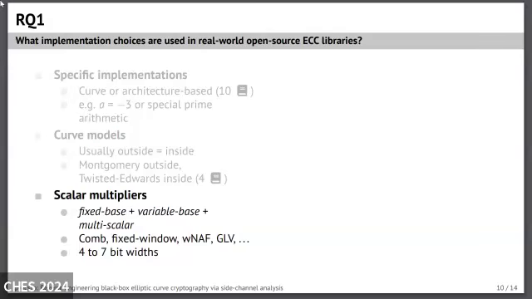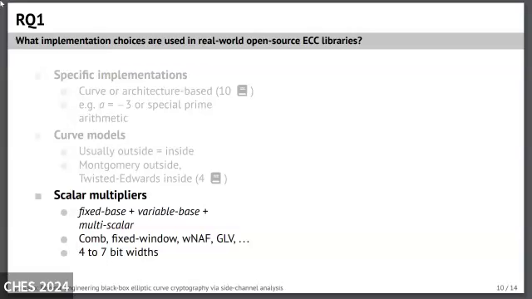For scalar multipliers, most libraries had these 3 variants of a scalar multiplier for each curve or implementation. And this was really a jungle. The scalar multipliers varied from comb, fixed windows, non-adjacent form, GLV. It was even hard to name them, because a multiplier can be a combination of several found in the literature. You can take ideas and so on.